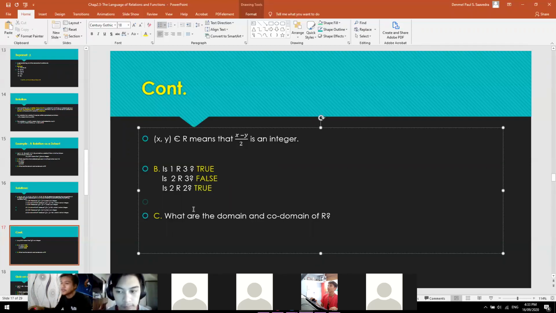Okay, so let us see what are the domain and codomain of R. When we say domain, those are the X, and when I say codomain, those are the Y's.